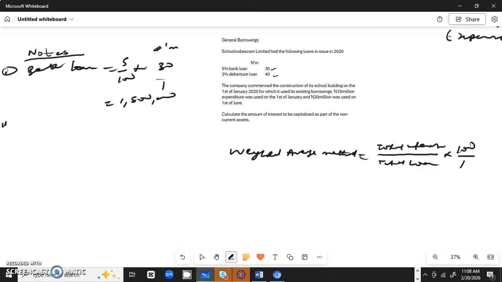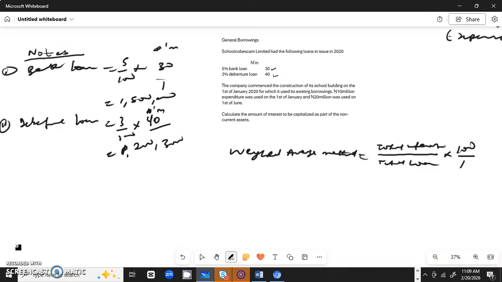Then number two, debenture loan. That should give us 3% of 40 million, which equals 1,200,000.